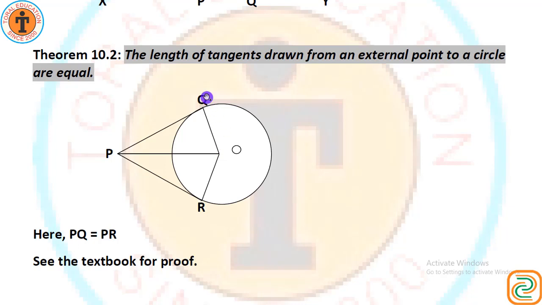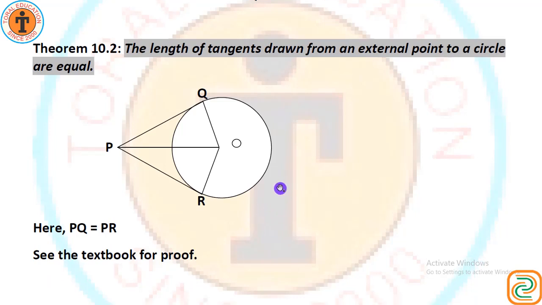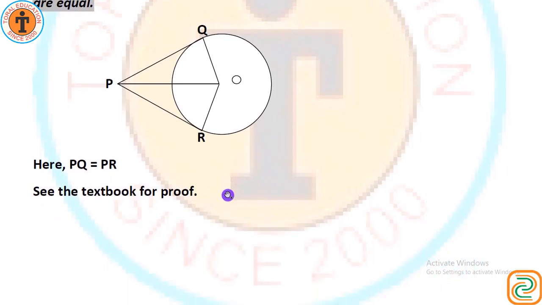The theorem says the lengths of the tangents, that is PQ and PR, from external point P are equal. Therefore, PQ equals PR. See the textbook for the proof.